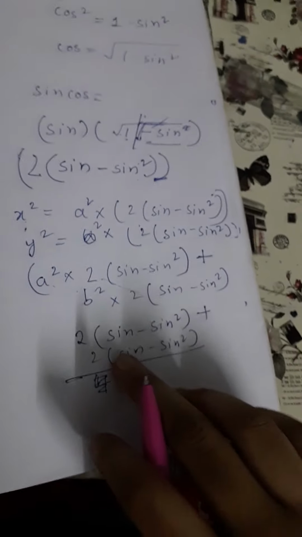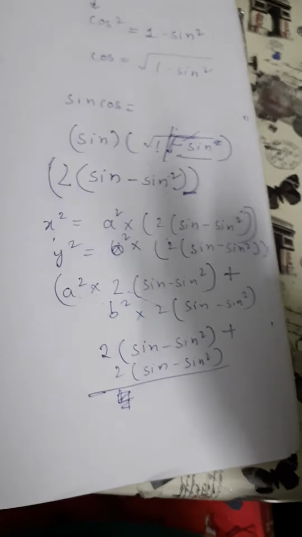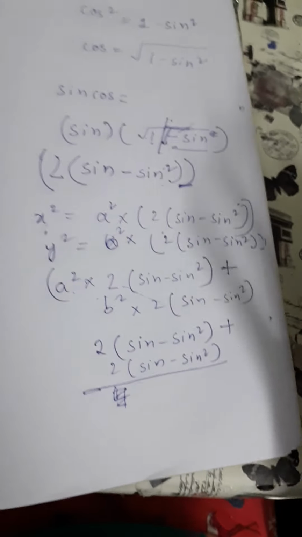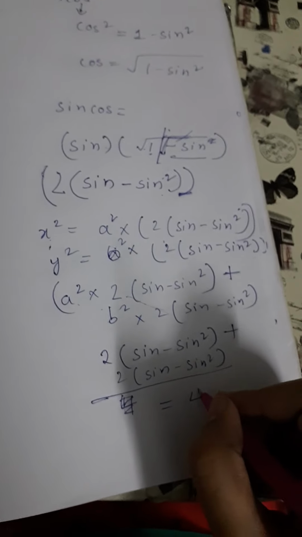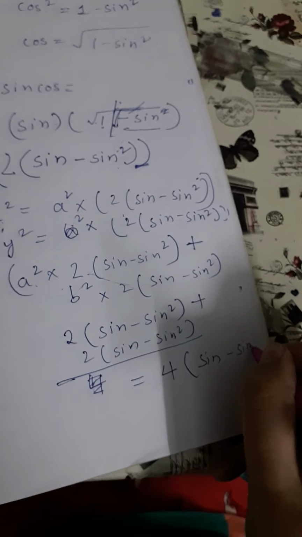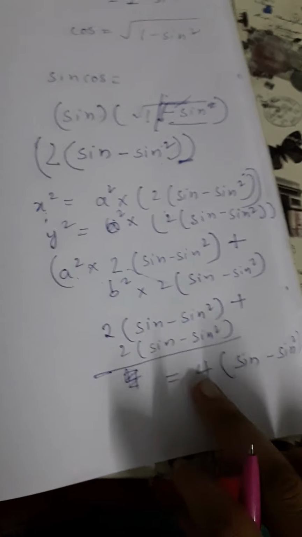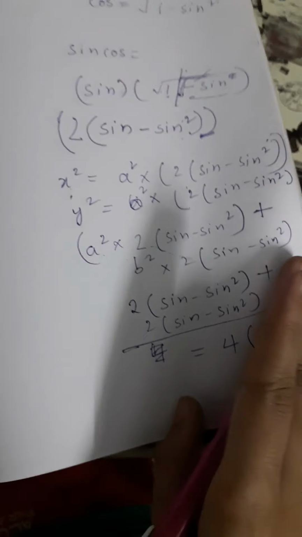Now we are basically adding the same things together, right? That means we are multiplying it with 2. So you can write it as 4 into (sine minus sine squared), because we are simply multiplying it with 2. 2 into 2 is 4. Hope you got this.